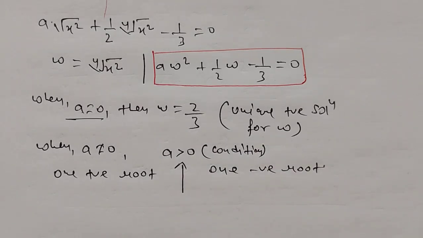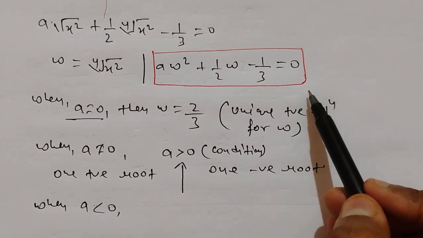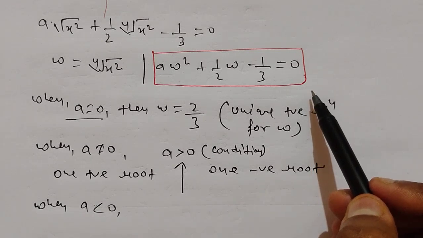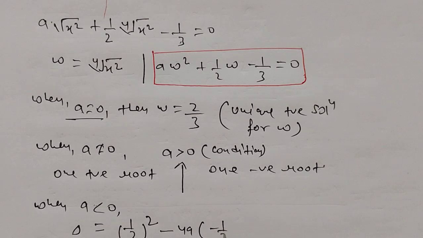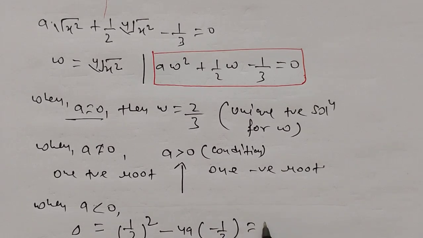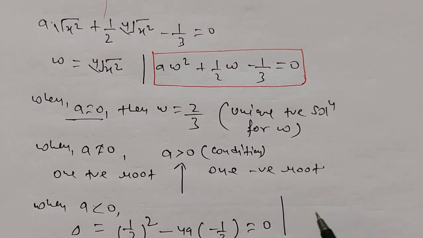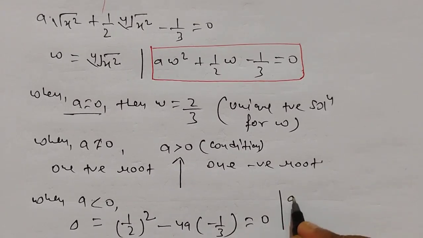And the third case, if a is negative, so now when a is less than 0, then again this equation may have two equal positive roots, and in this case, 1 by 2 whole square minus 4a times minus 1 by 3 is equal to 0, and here a is equal to minus 3 by 16.